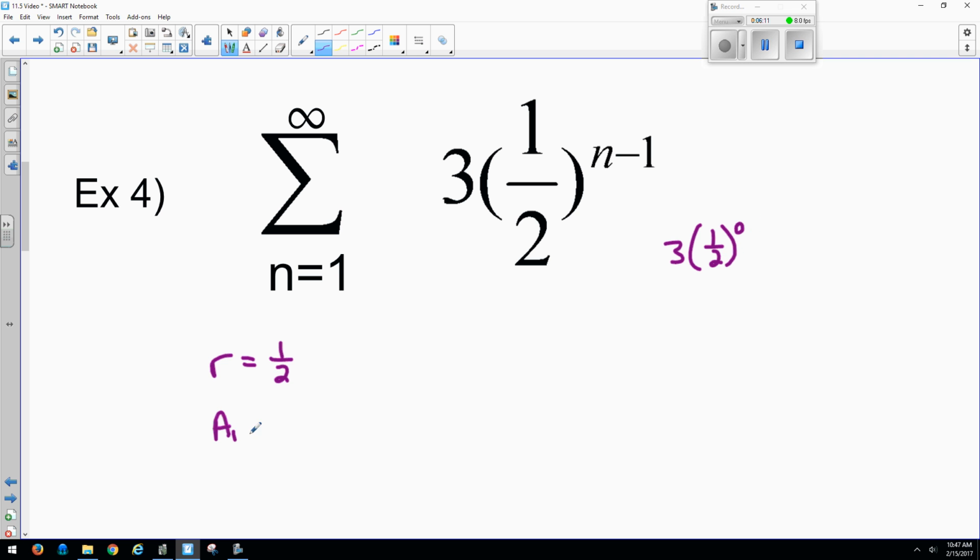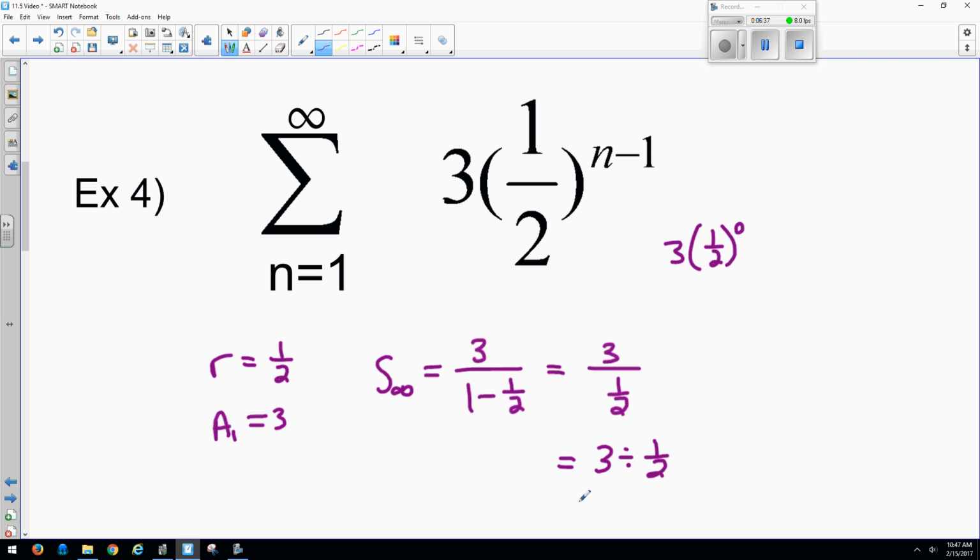So our first term is 3 times 1, which is 3. The infinite sum of this series is going to be 3 over 1 minus 1/2, or 3 over 1/2. 3 divided by 1/2 is 3 times 2.